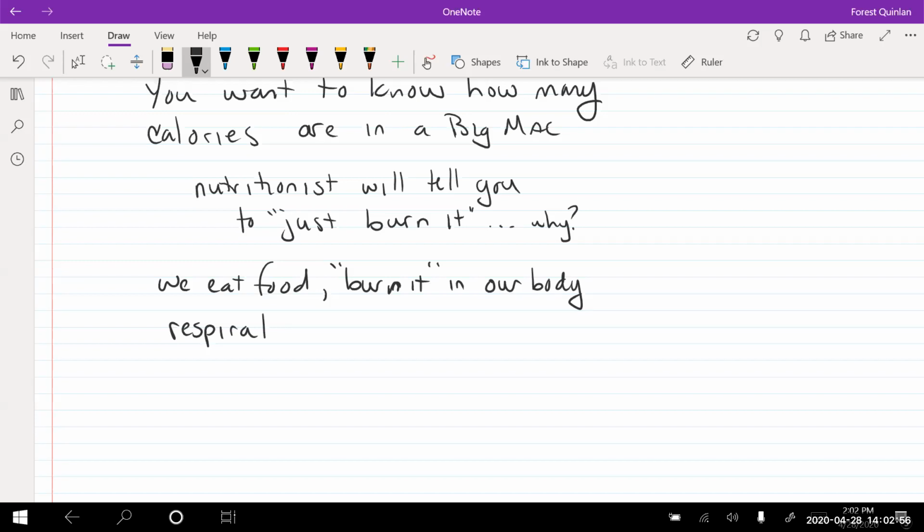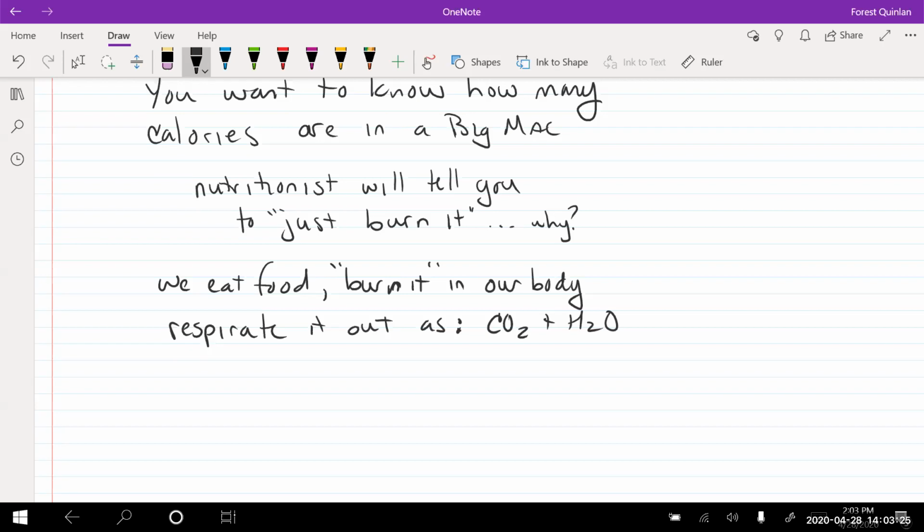Oh, anybody here take bio? What do we respirate out? That's right. Carbon dioxide and water. We breathe in oxygen and we take that oxygen, we combine it and we exhale out carbon dioxide and water.